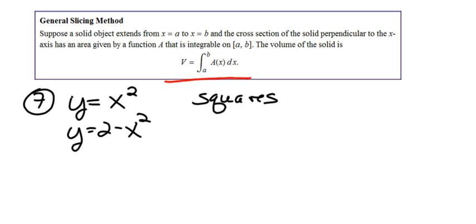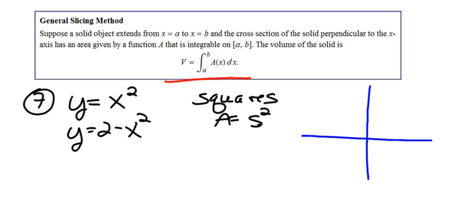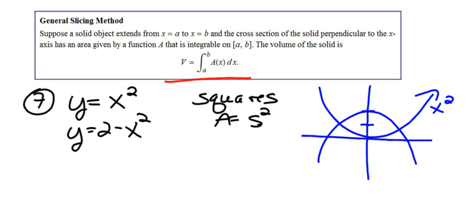We know the area of a square is side squared, and we're going to use that principle. So if I do a quick sketch, flat on, here's x squared, and then if I draw the 2 minus x squared, I get this shape.